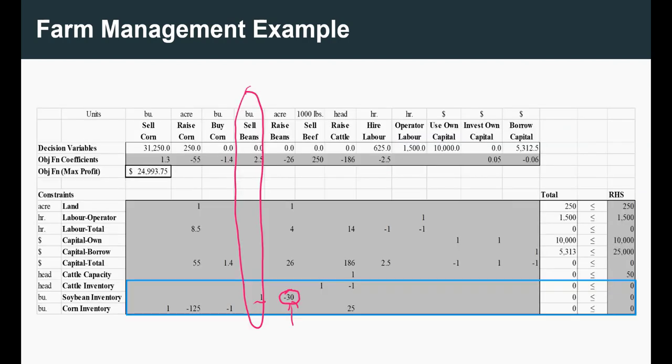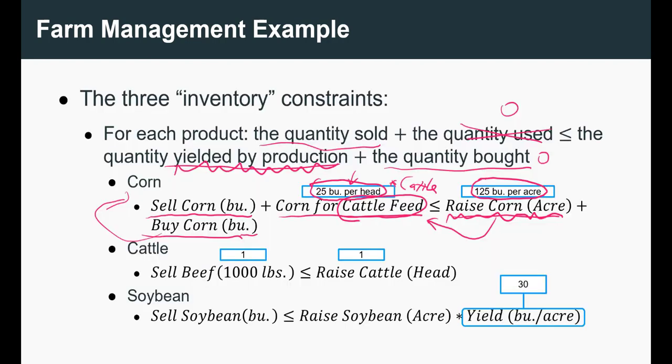So if we go back here, this time pay attention to corn. You will notice this raised corn has a negative coefficient. It's because in this constraint, this raised corn is on the right-hand side, and if you move the 125 to the left-hand side, you have to add a negative sign.